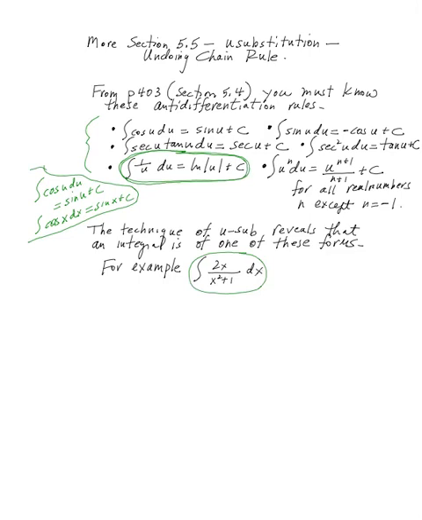If the chain rule was used to differentiate and they give us that function to anti-differentiate, then u-substitution will reveal the original function. I'm stating these rules on page 403 now using u, because when we use u-substitution, we're going to get one of these forms, and the variable is going to be u.